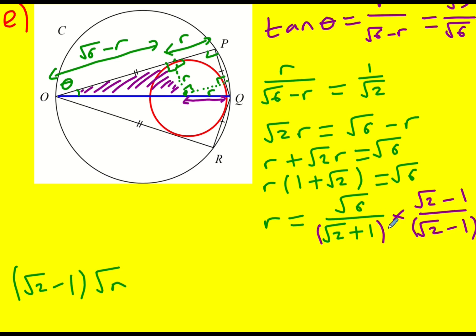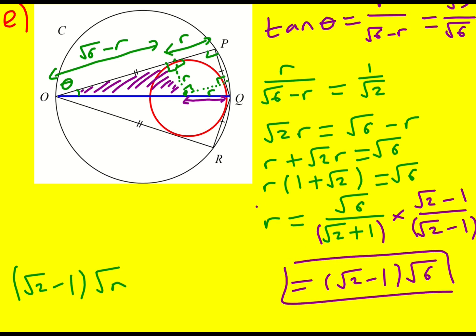When I do that, I will get root 2 minus 1 times root 6. And then on the bottom, I'm going to get 2 minus 1. So actually, this just cancels to give 1. And we've got our answer. That is the radius of the smaller circle. That is tough, and I applaud you if you managed to do that.